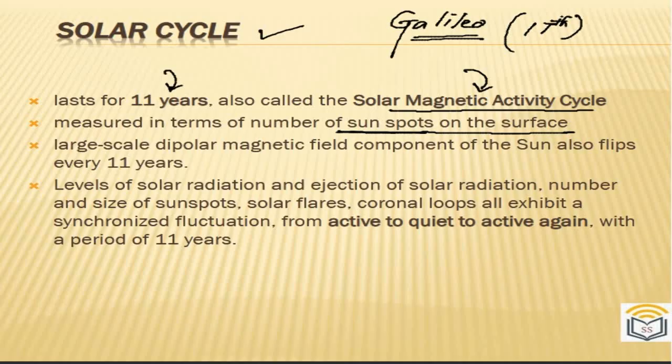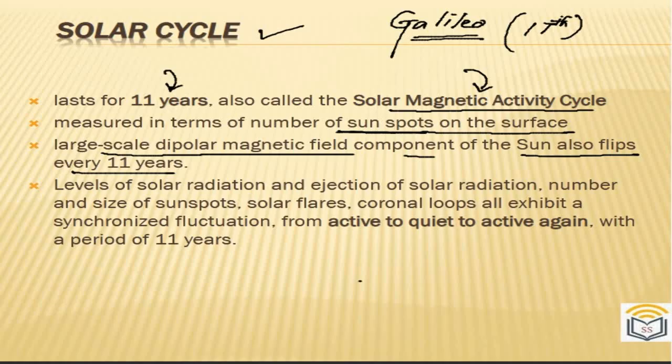Under the sun cycle, the sun has a solar maximum and a solar minimum, which refer to the periods of maximum and minimum sunspot activity every 11 years. Every 11 years, the large-scale dipolar magnetic field component of the sun also flips.